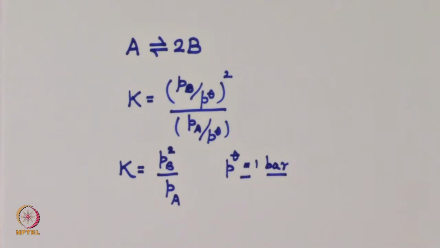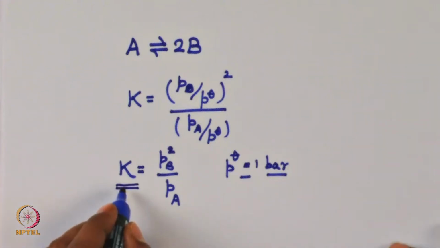We are discussing an alternate way of increasing pressure, that is by reducing the volume. You reduce the volume, increase the pressure by reducing the volume. Equilibrium constant will remain the same. We discussed it is not going to be affected.